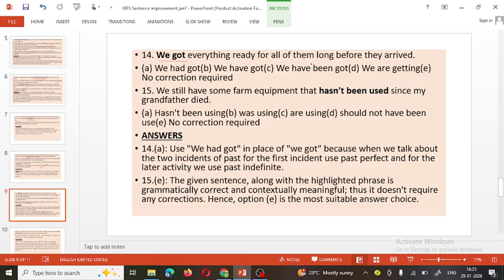So "we had got" must be there instead of "we got". Option A. Then: "We still have some farm equipment that hasn't been used since my grandfather died." "Hasn't been used" is the correct one here, and no replacement is required. Option E is correct.